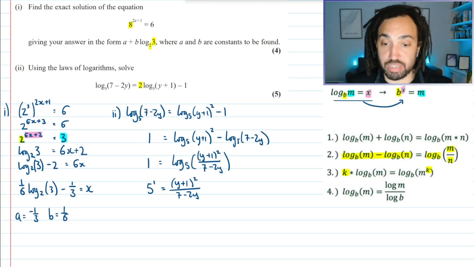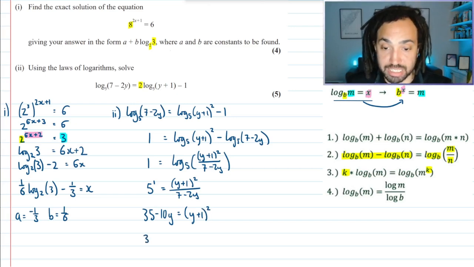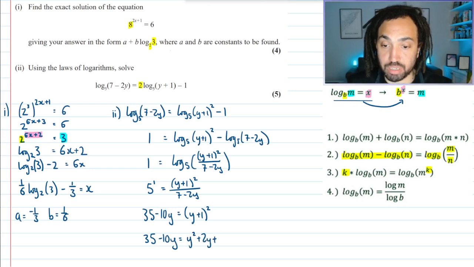Okay, great. So now let's multiply both sides by that denominator. So I get 35 minus 10y is equal to y plus 1 all squared. I can then expand that double bracket there, so I get y squared plus 2y plus 1.